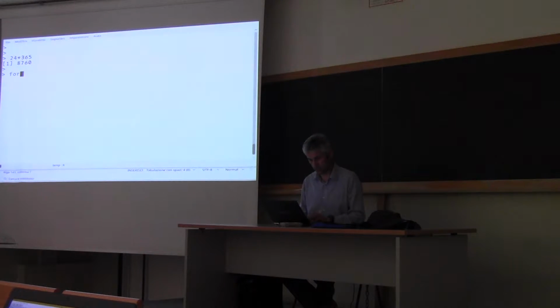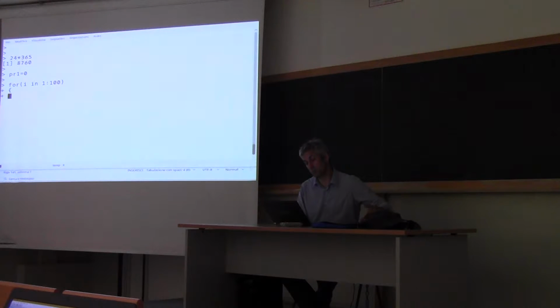Let's try a for. First of all, let's define the vector. PR1 equals 0. And then let's take a for cycle, for i in 1 to 100. And then let me open a parenthesis because I'm not sure if I can stay in only one line.